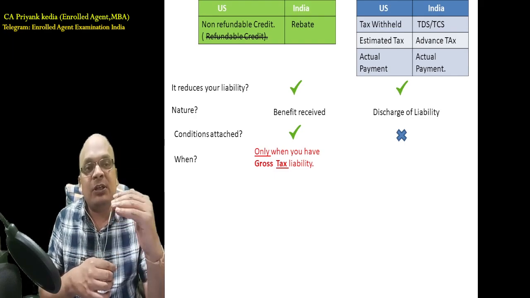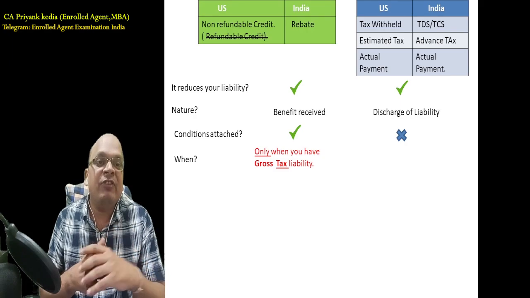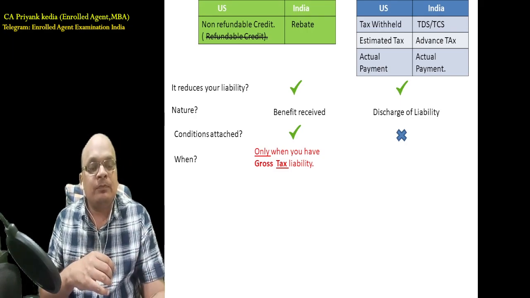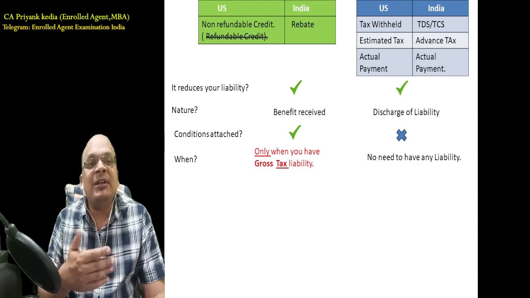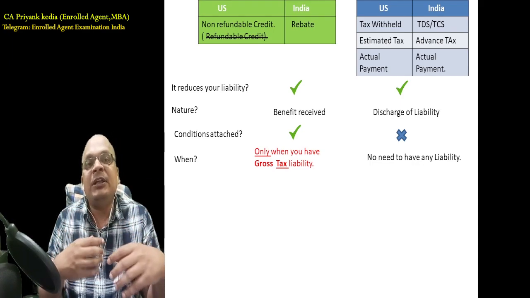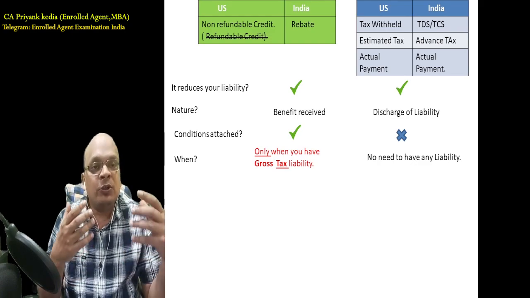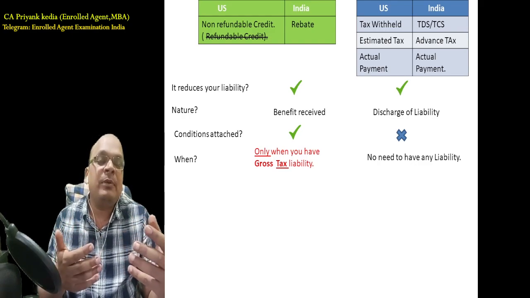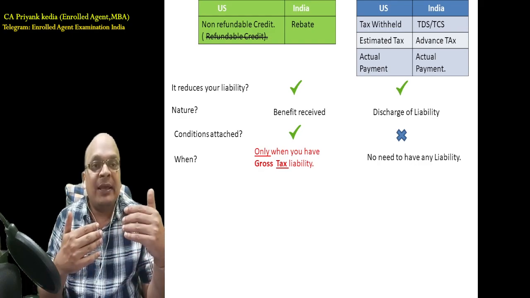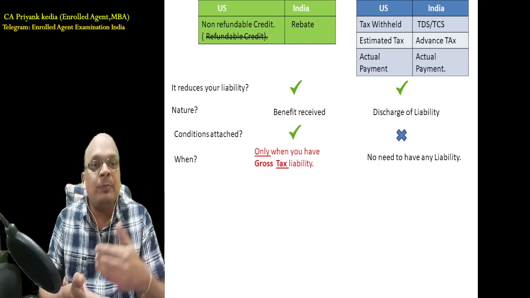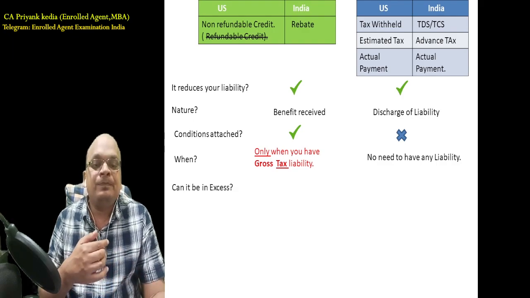If your gross tax liability is zero, your child tax credit availability will be zero, right? At the same time, for the payment, there need not be any kind of liability. Even if your gross tax liability or your net tax liability is zero, you can still have the advance payment made to the US government in the form of taxes withheld or your estimated tax which you deposit with the government quarterly, right?